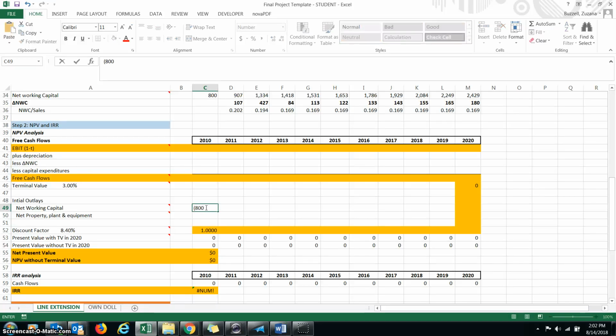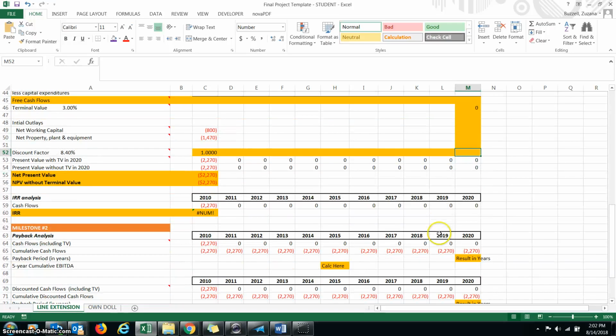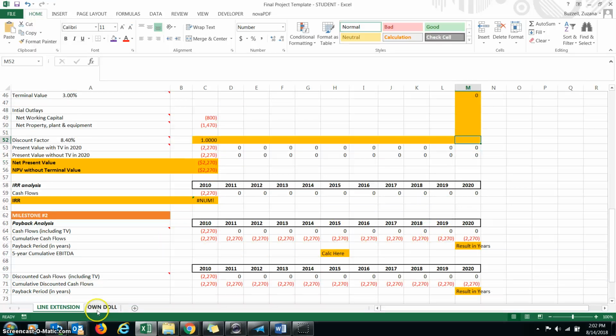So I'm just going to put it in there so you can see it. And then 1470. Okay? And the discount factor, just remember, this is on power of 10 already. Okay? So that's our line extension.